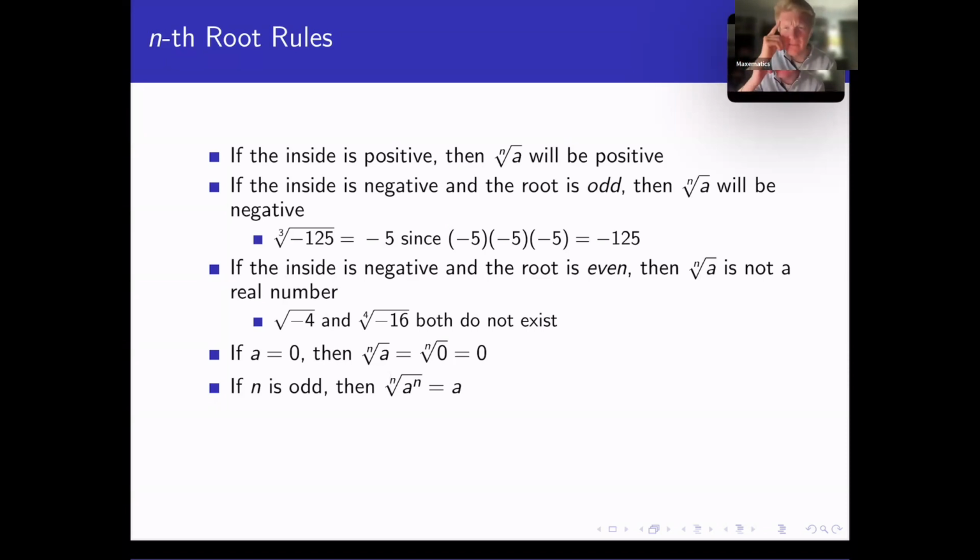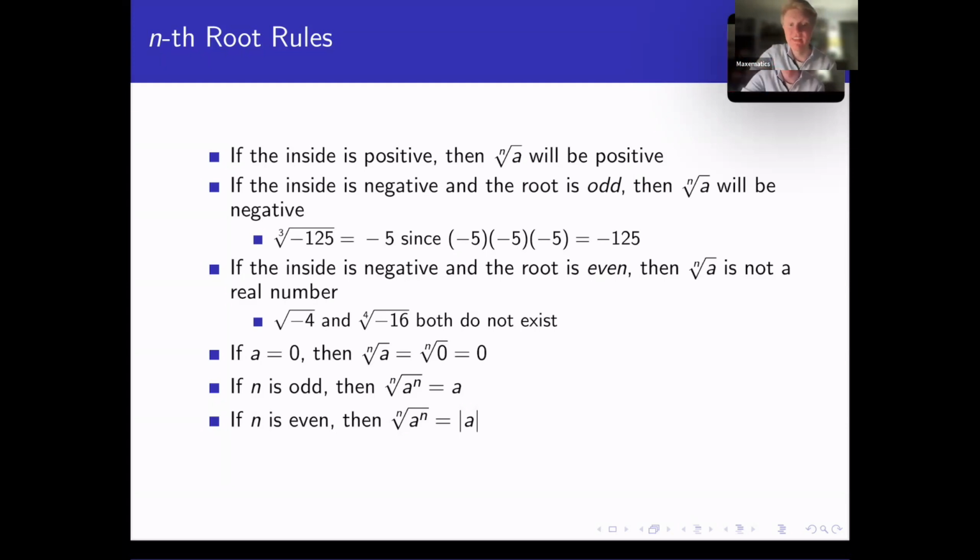If n is odd, then the nth root of a to the n is just that answer, a. Think back to when we had the square root of x squared. I told you that's the absolute value of x. But now we're saying if we have the nth root of a to the n, it's just a. However, the stipulation here is that this root needs to be odd. If that root was even, for example the square root of x squared, then we get the absolute value of that inside.